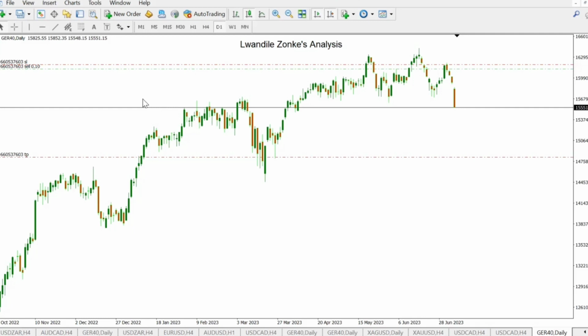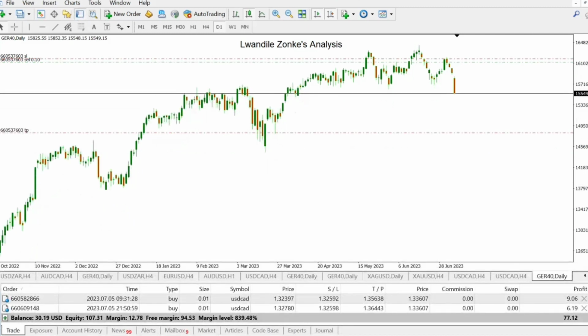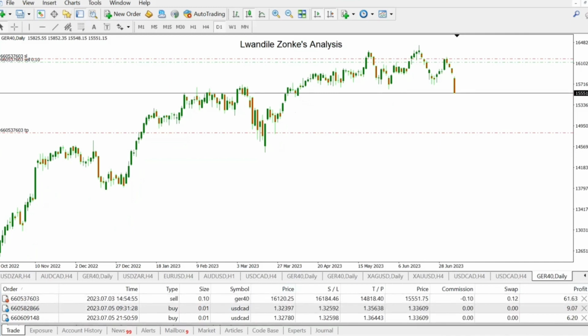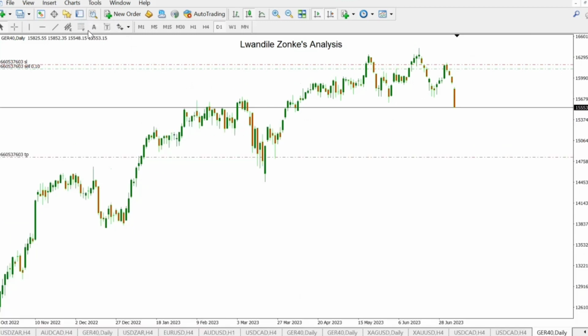So, the trades that have enabled me, let me just open them up here. As you can see, currently our equity is 107 USD. So should we close these trades, my account will go from 30 USD to about 107 USD. I am holding DAX, the German 30, and I did not over risk here.